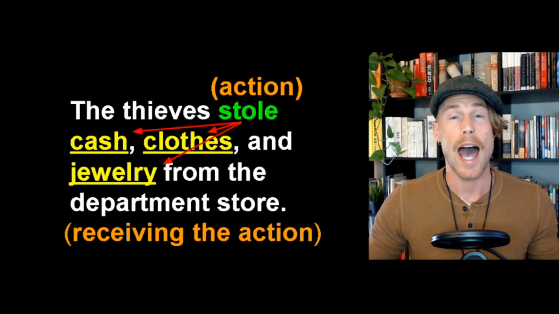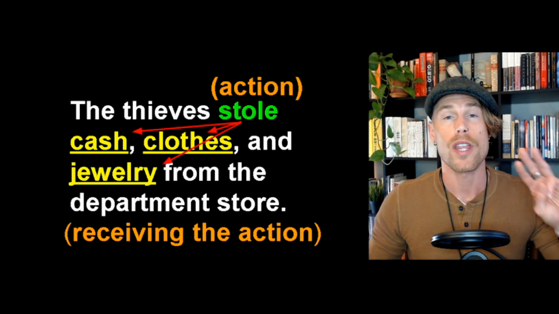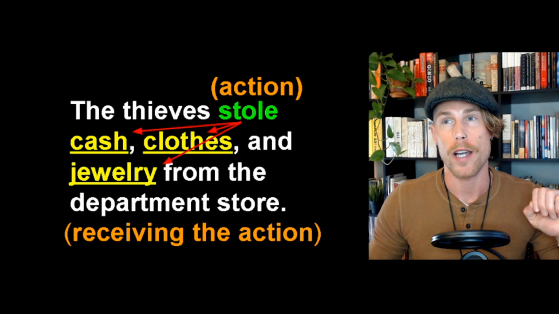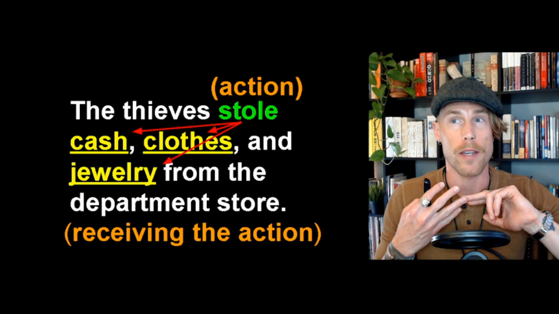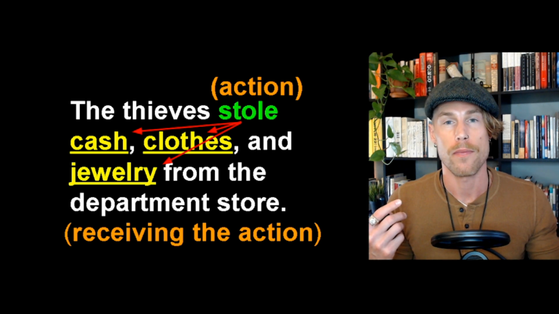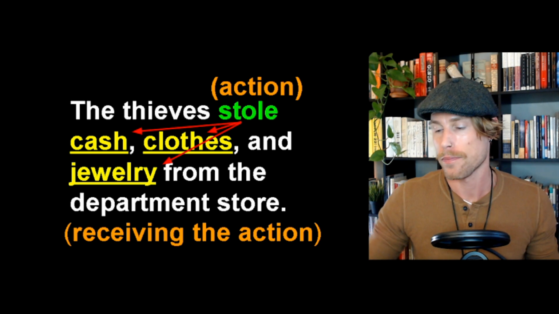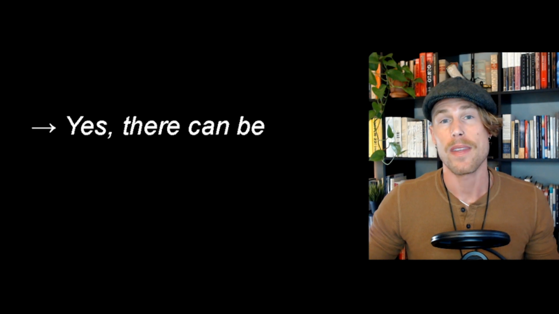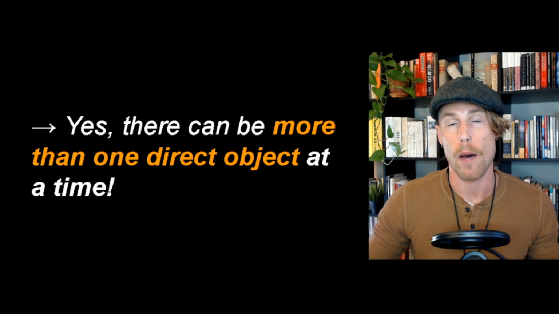Okay, the action, the verb, is stole, and there are 3 direct objects: cash, clothes, jewelry. They all receive the action. The thieves stole 3 things. Yes, there can be more than one direct object at a time. Understand?